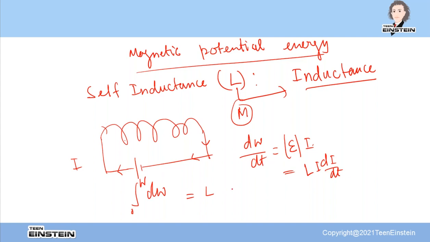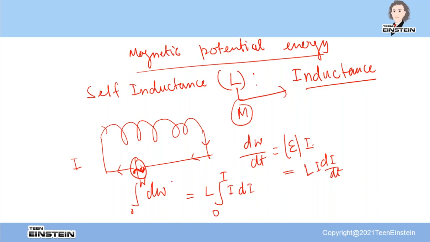So dt you can just remove from both sides, and you know this is L di, and suppose the current is increasing from 0 to I in the circuit, as if this is not a DC but an AC source.